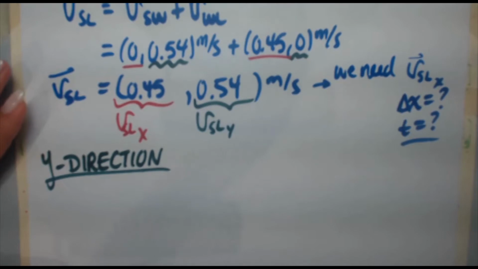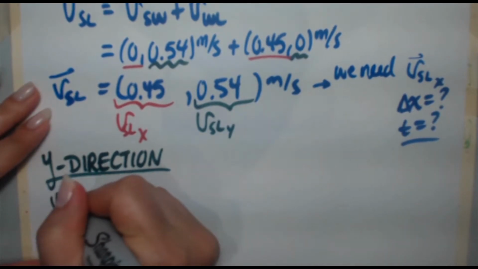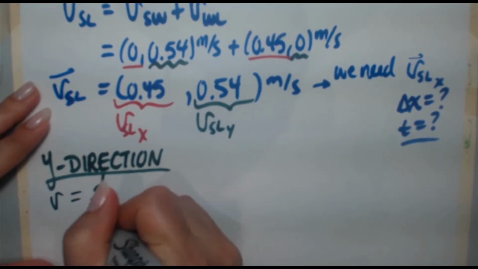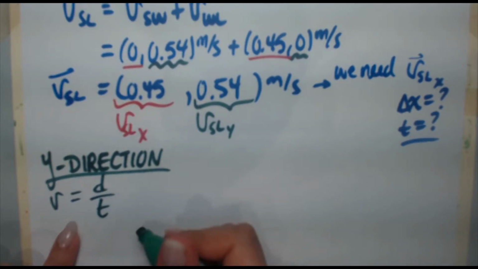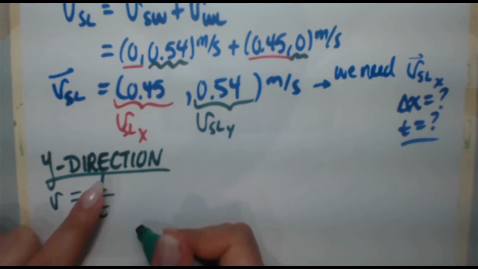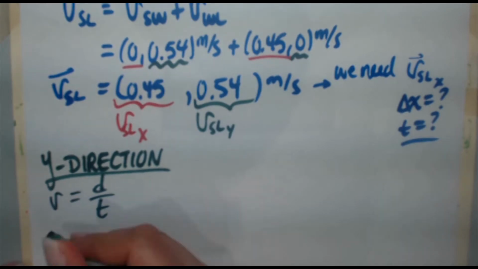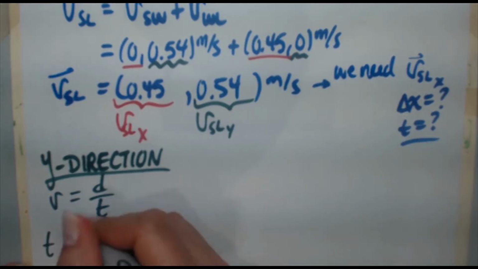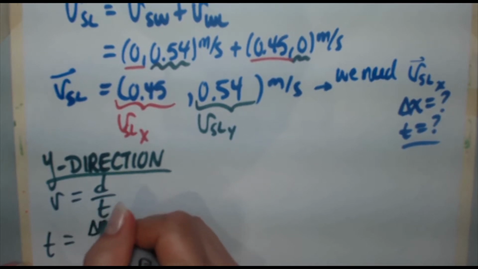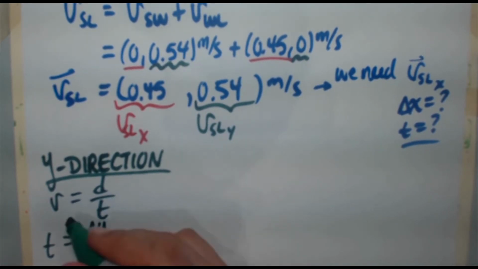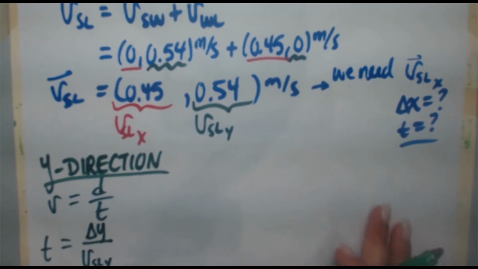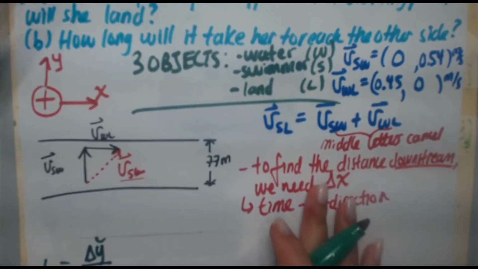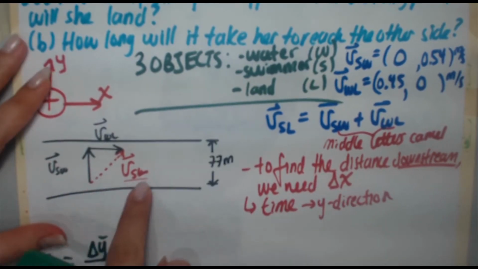Now in the y direction, we're going to use the same basic kinematics idea, that speed is equal to distance over time. We are going to reorganize this formula for time, so time equals distance over speed, but I'm going to substitute these variables in terms of y. So time is equal to the distance, which is going to be delta y, the change in the y direction, and the speed is going to be our VSLY. The reason we can do that is because, based on the original diagram, we're trying to find out how far downstream she's going to land.